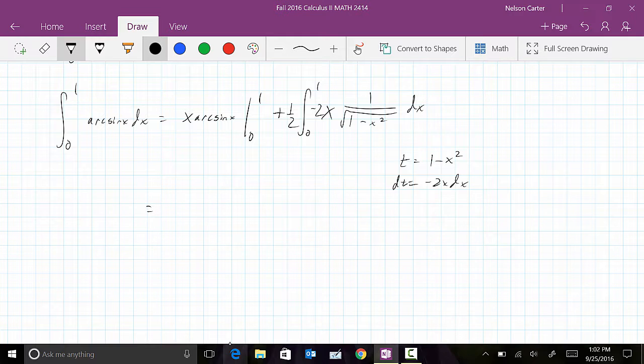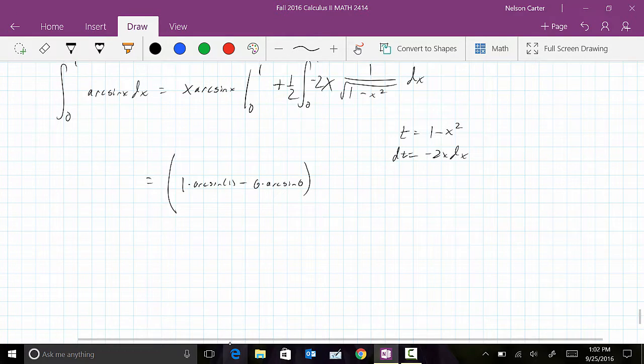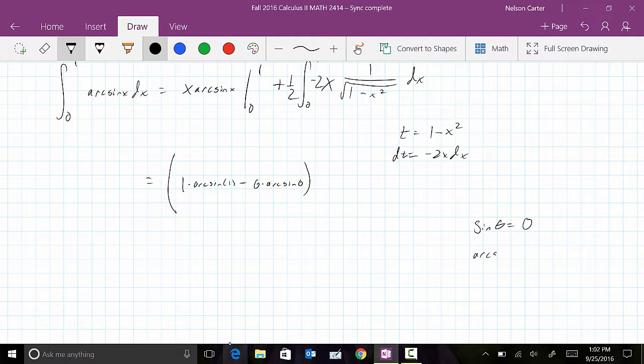So we're going to have 1 times the arc sine of 1 minus 0 times the arc sine of 0. Think about this: if the sine of theta is equal to 0, then that's like saying the arc sine of 0 is equal to theta.